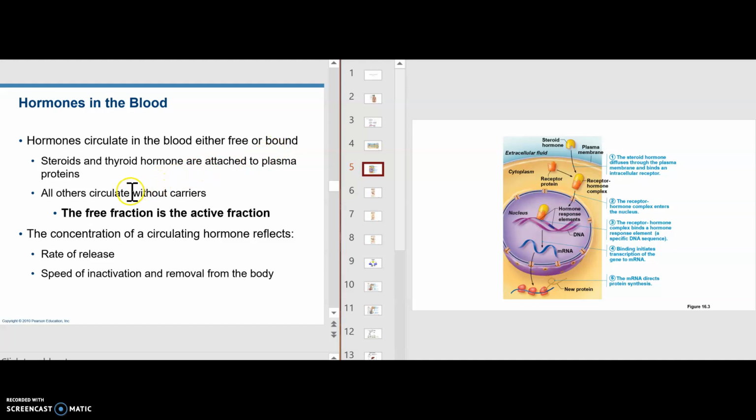Now, when it's lipid-soluble, like a steroid hormone and so forth, or thyroid hormone, there are 2 fractions in the blood. One is a free fraction, and the other is a bound fraction. Now understand, they are in equilibrium.